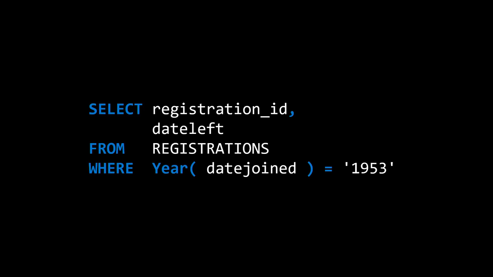So SQL Server is going to go, can I do this via an index? Nope. Oh well, just get this up and let's go. And it's going to go through all the data. That's known as a full table scan if it's just a table, or a full index scan if it's on an index. It takes about a week. So don't do this. Do not do this. Do this instead.